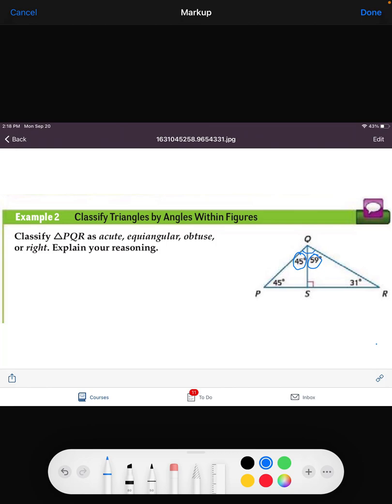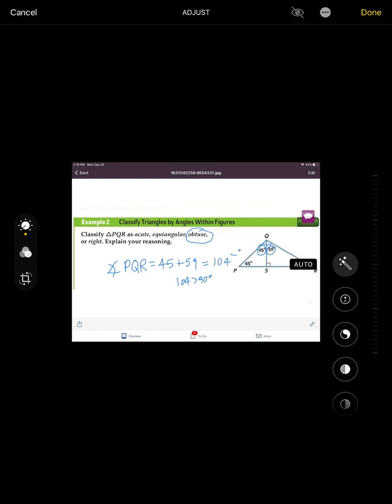So angle PQR equals 45 plus 59, which gives us 104. And 104 is greater than 90 degrees, so we're going to call this one an obtuse triangle.